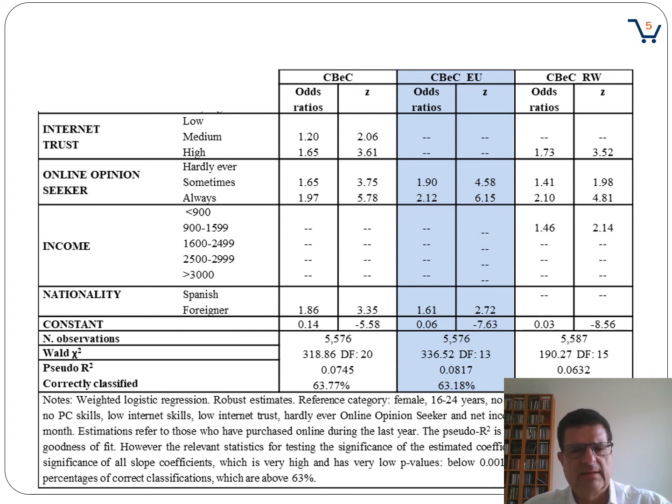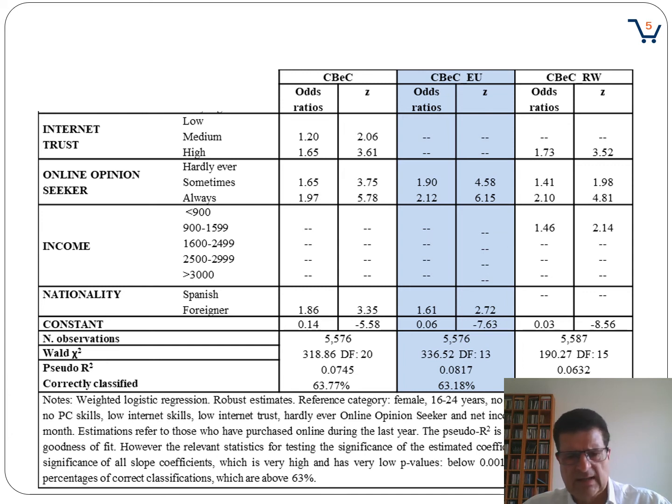And the same can be said in this transparency, in which the effects, for instance, the effects of income are essentially null, except for this category here, in which it is 1.46, the cross-border e-commerce rest of the world, in which category 2 of income, 900 through 1599, is significant.